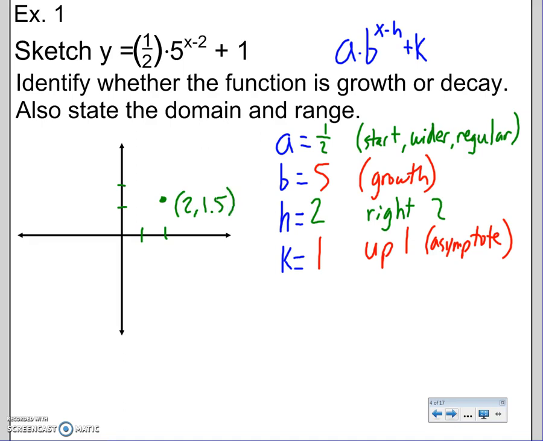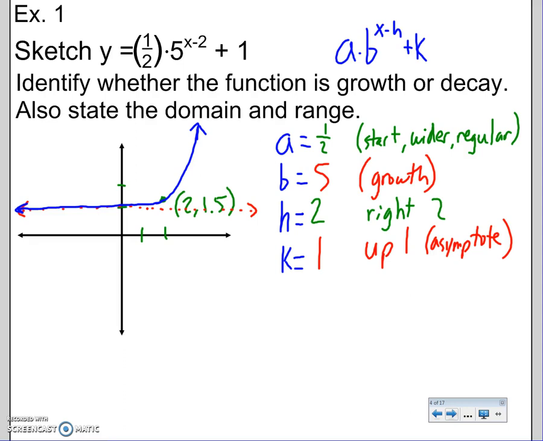So basically I had to add the k to the a. My asymptote I'm going to draw next. K equals 1. I can never cross that line. I approach that line, so let's put this here. That's our asymptote. And then it's growth, so it's going up. I'm going to draw it like this, going up. It approaches this, it'll never cross that line. It gets really close to 1 for y equals 1, but it never becomes 1.